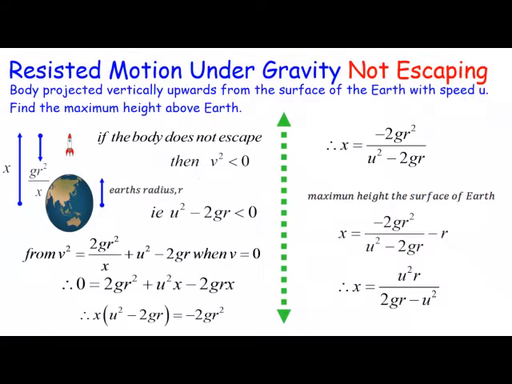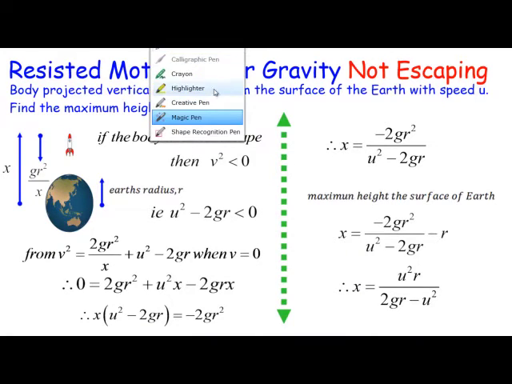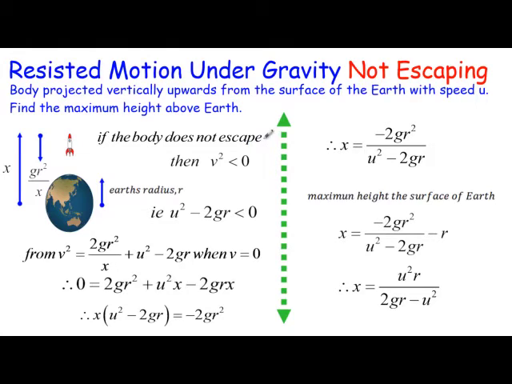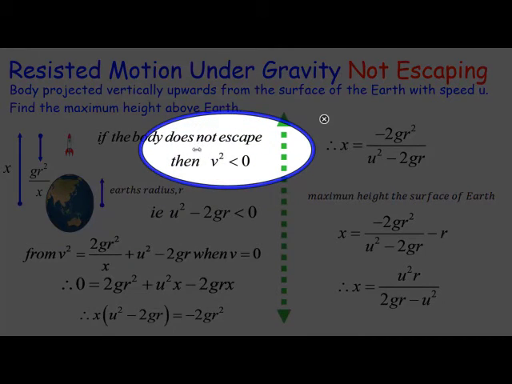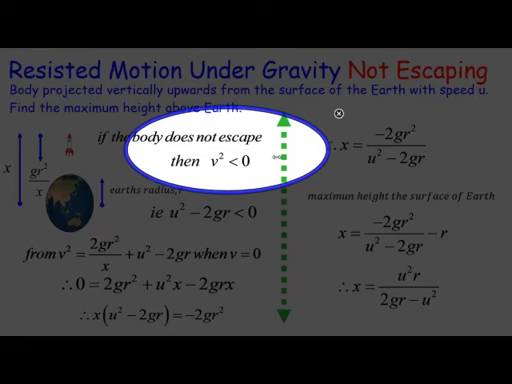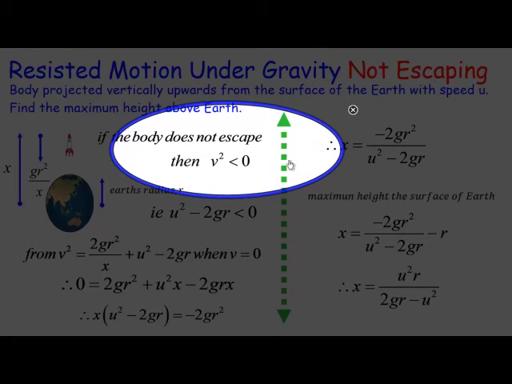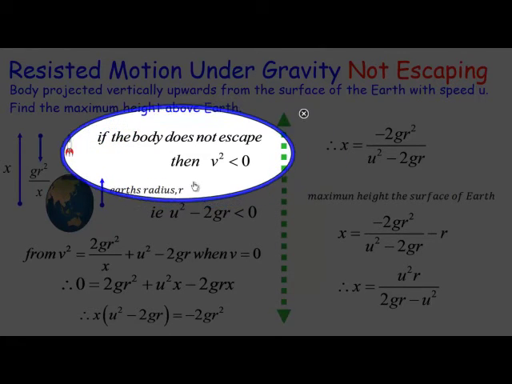Now, let's have a quick look. What happens if it doesn't escape? If it's not escaping, it's staying under the influence of gravity, and v squared is less than 0.